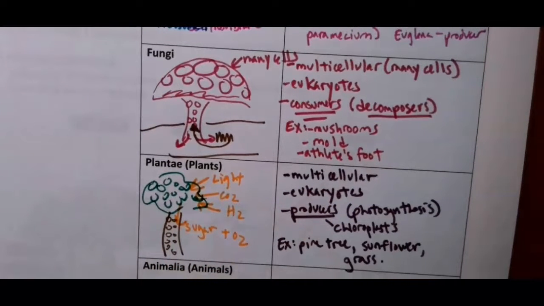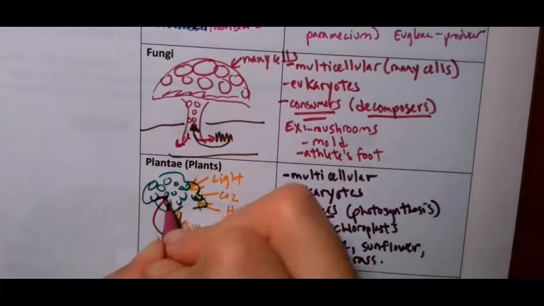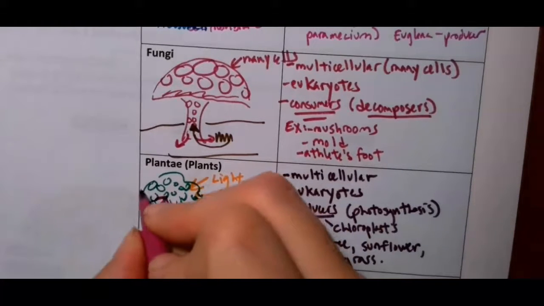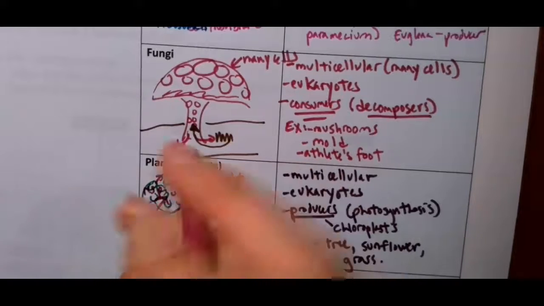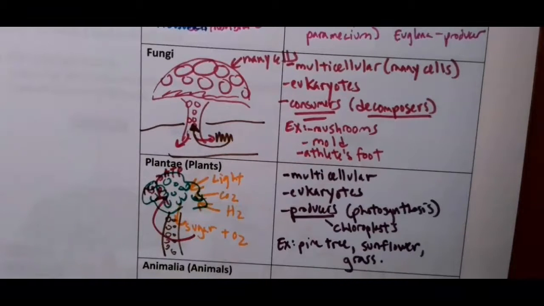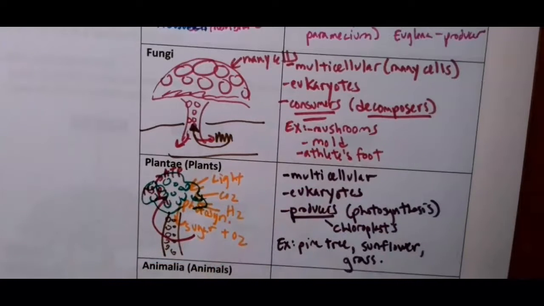The nice thing for plants is they can even use that sugar and oxygen to take back in to do respiration to make ATP. So plants can do photosynthesis and they can do respiration, so they're pretty special that way.